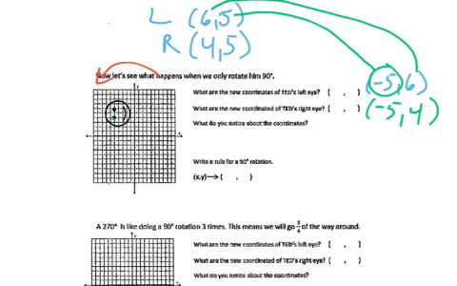So the rule for a 90-degree rotation is the following. The opposite of your Y value comes first, followed by the X value of your ordered pair. Now again, I get that this is confusing, but I'm just trying to give you some background. You do not have to memorize this, so do not panic.